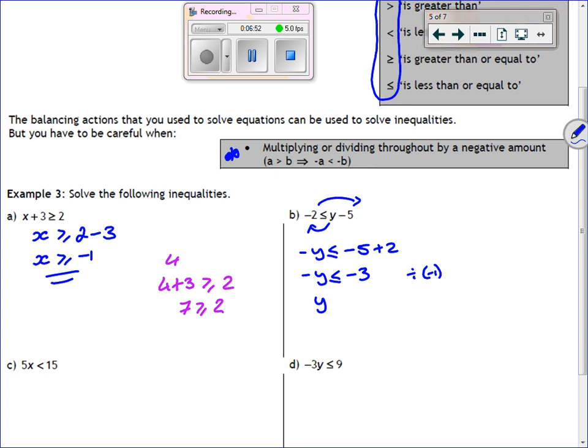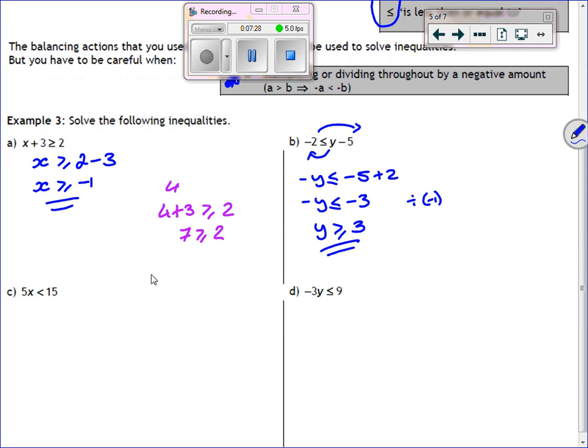So when we divide by a negative, the inequality symbol flips round, so the minus y is less than or equal to minus 3 becomes y is greater than or equal to, and minus 3 divided by minus 1 just gives you positive 3. And that is a key thing to remember here with this. When you divide by a negative number or multiply by a negative number, just remember to flip the inequality symbol around. The rest of it is the exact same as solving normal equations.